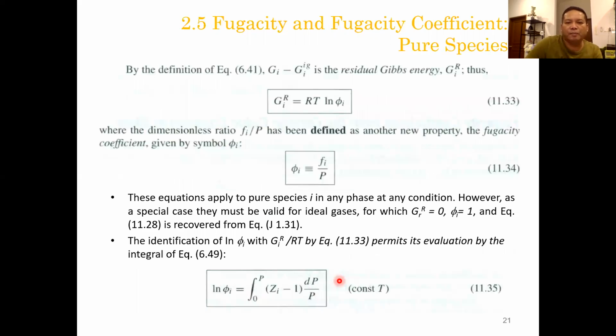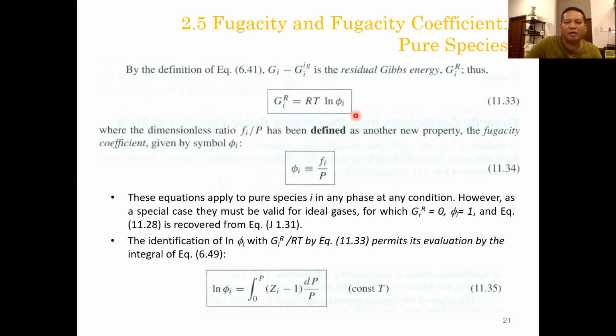I think you have done this before, that we have the residuals. Remember, the residual is how far the result varies from the actual. If the residual is equal to 0, it indicates that the gas behaves like an ideal gas. So G_i minus G_i^ig, this is the residual G_i^R, is equal to RT ln phi.